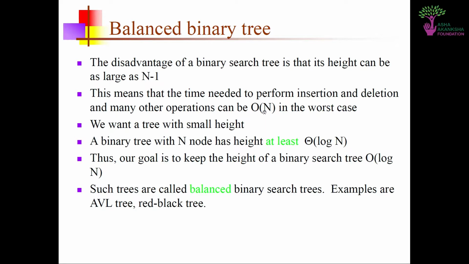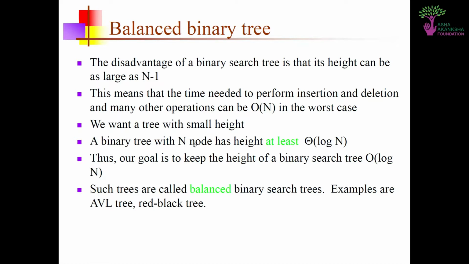In order to complete our insertions and deletions in order of log n time, we have AVL trees. So how do we do that? We'll have to adjust our tree in such a way that the maximum height will be order of log n. So we want a tree with a smaller height.